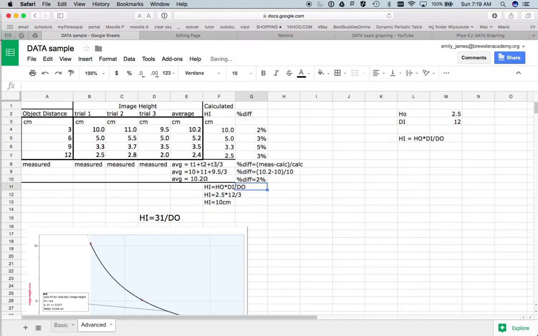All right, so now we have our data table updated. You can futz around with the borders and all that.